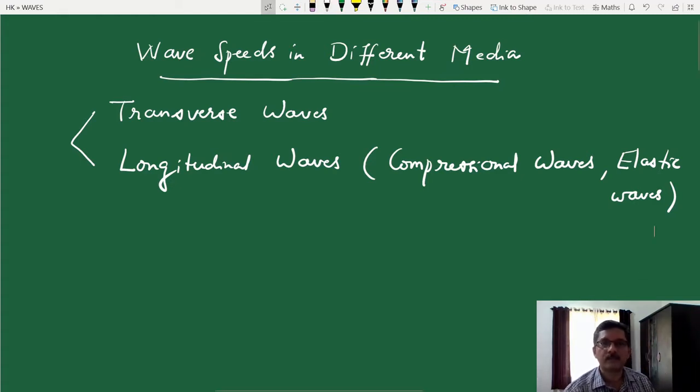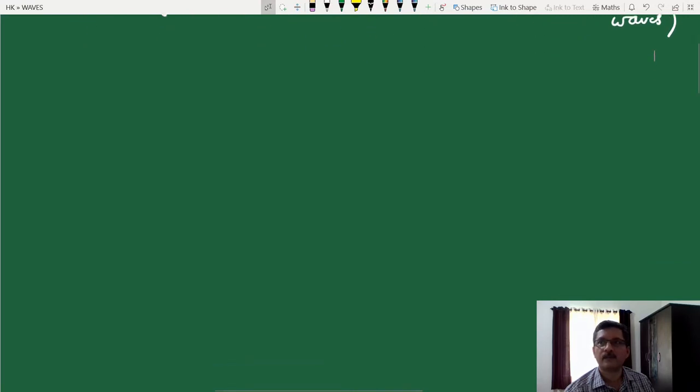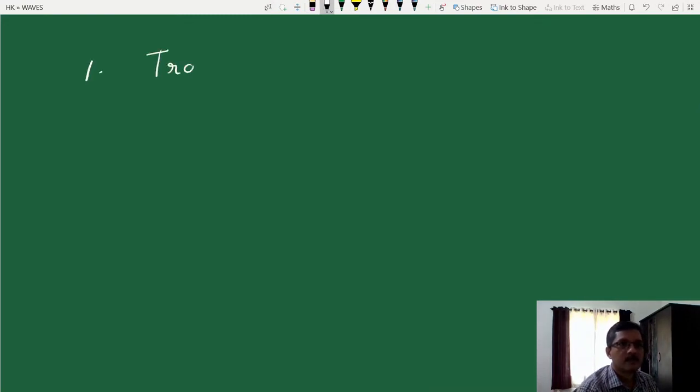We don't derive these results, we just look at the different possible expressions of wave speeds. So first, transverse waves. Consider transverse waves on a stretched string.